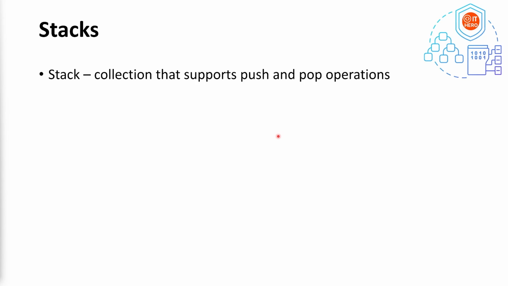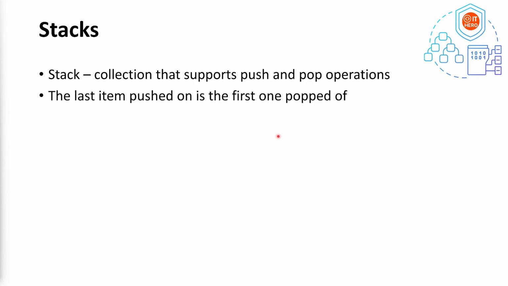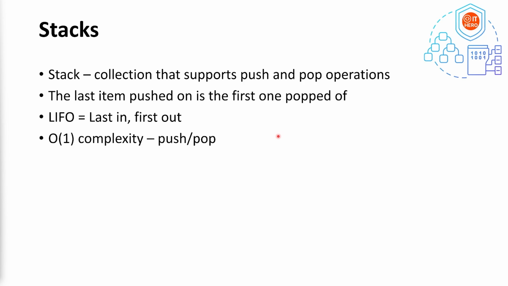So the last item pushed onto the stack is the first one popped off, and basically the stack is a LIFO data structure. This means that the last item in is the first item out, and the complexity is very good because we get only the last element with push and pop.